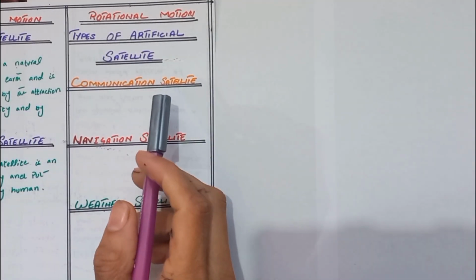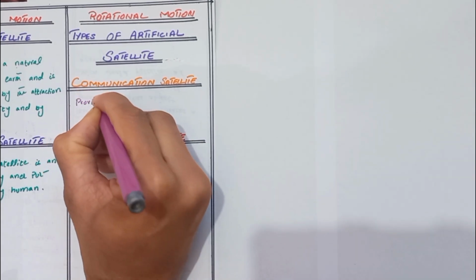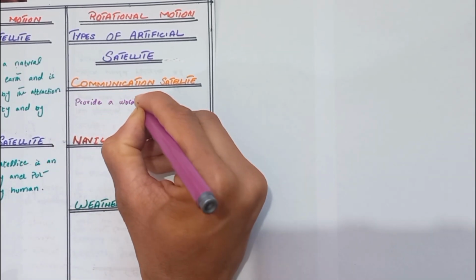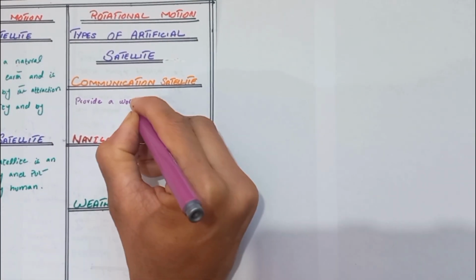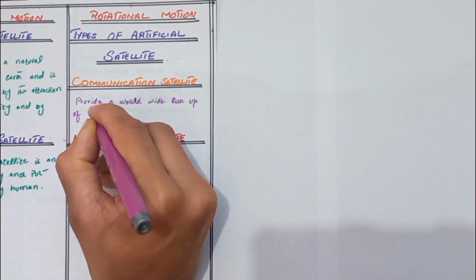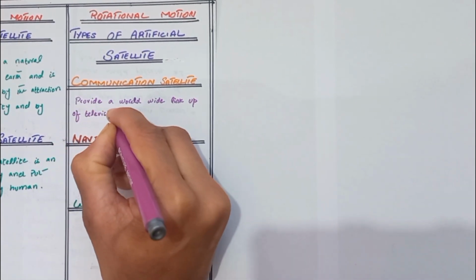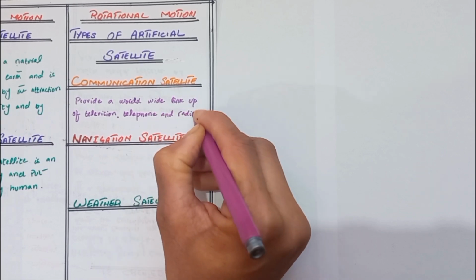Now we discuss the types of artificial satellite. Here we discuss three types. First one is the communication satellite. It provides a worldwide link up of television, telephone, and radio.